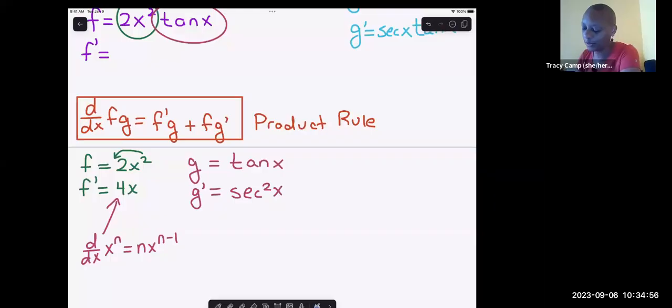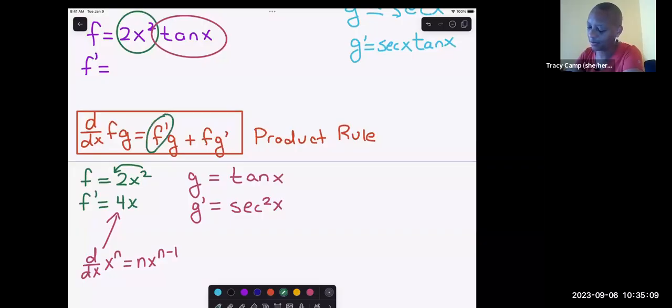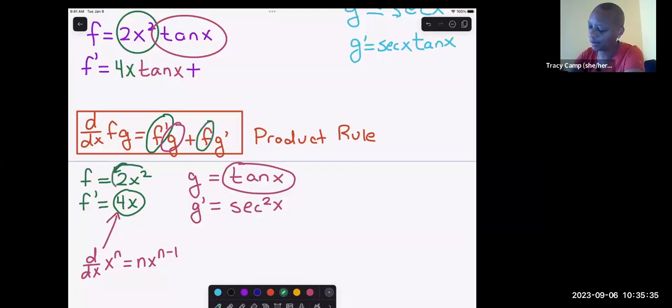Using the product rule, we start off with F prime, which we just found is 4x, times our G, which was the tangent of x, plus our F, which is this 2x squared, times our G prime, which is secant squared x.